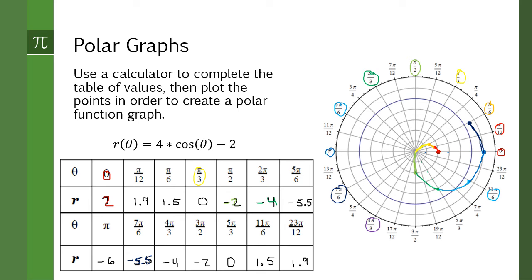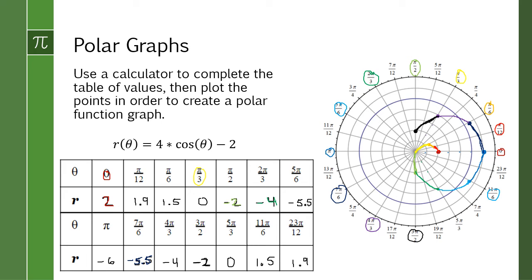So going away, 1, 2, 3, 4 units. That is right there. Then we are back around to 3 pi over 2 with the radius of negative 2. So 2 units away from 3 pi over 2, or 2 units straight up. Connecting those dots.